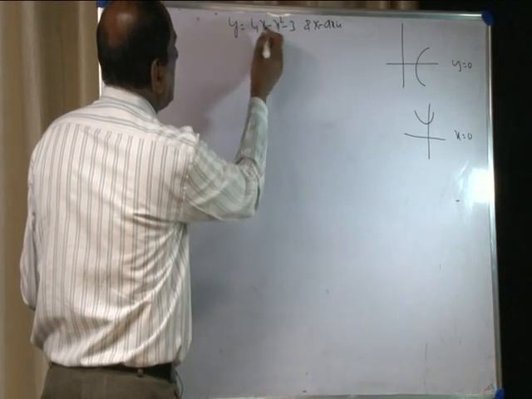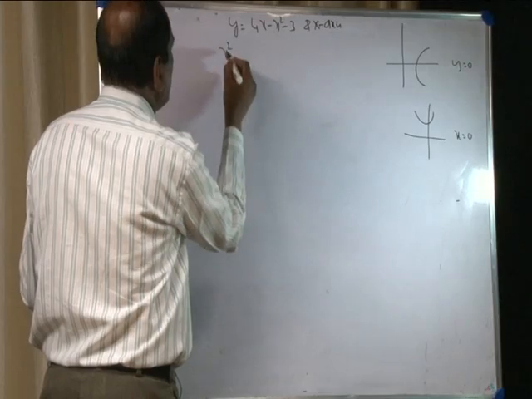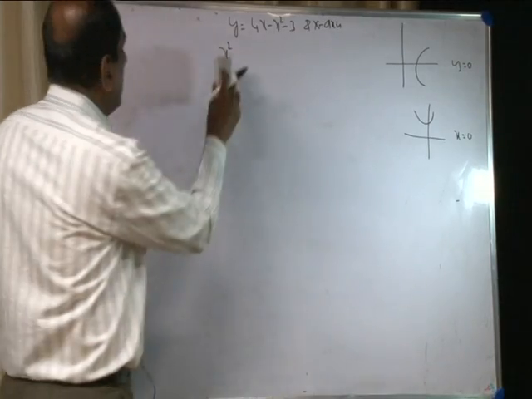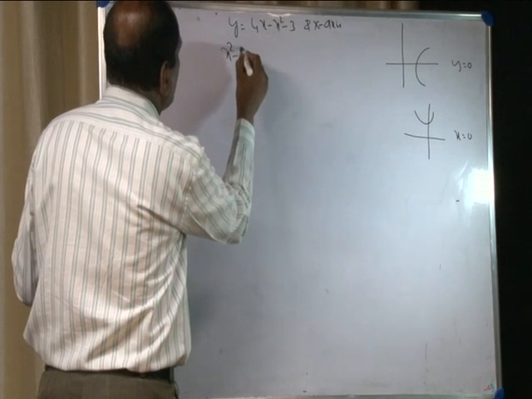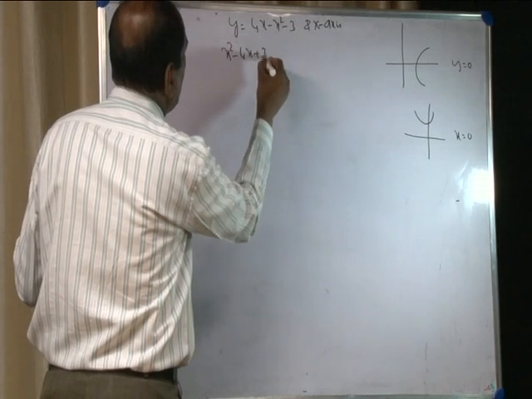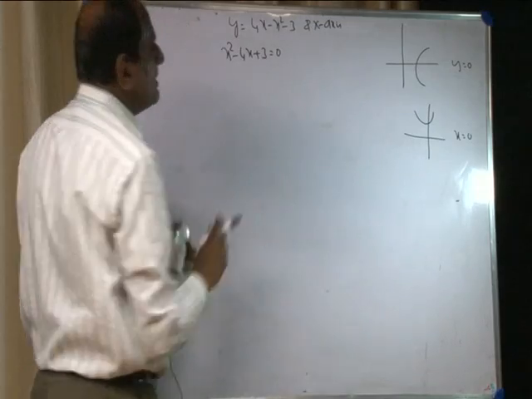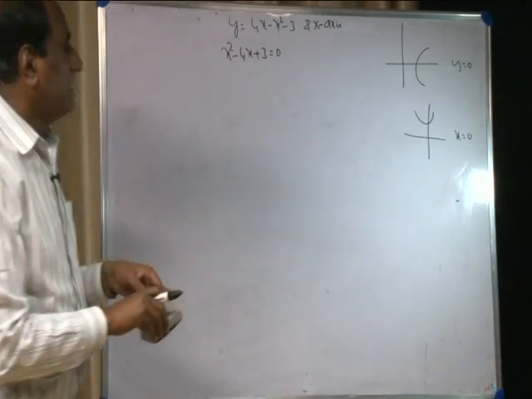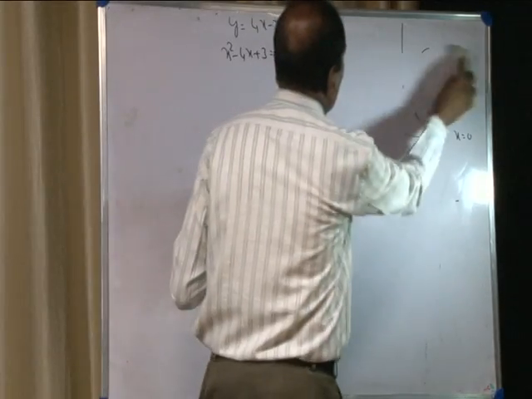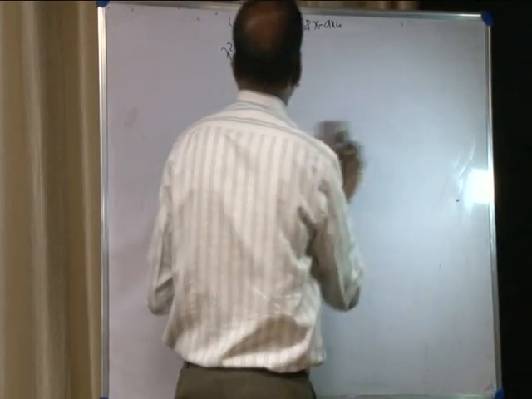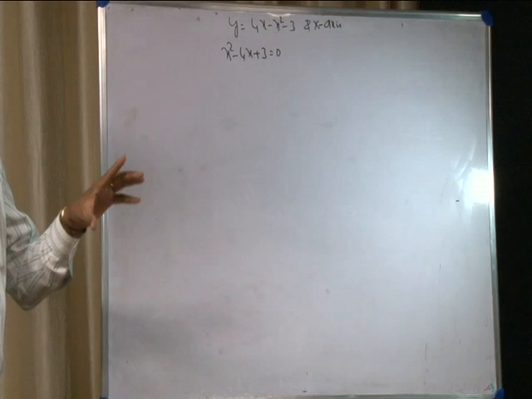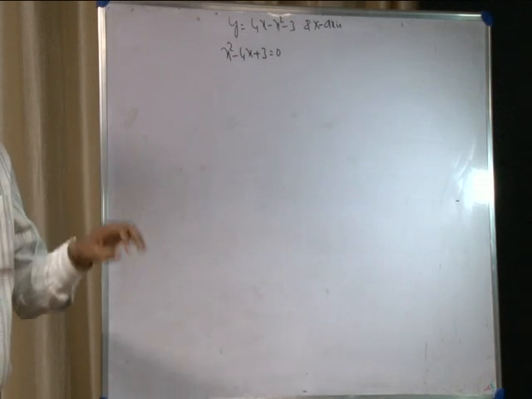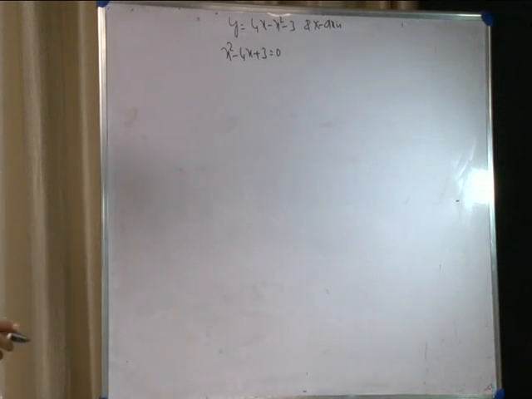We can rewrite the curve as x square minus 4x plus 3 is equal to 0. Put y is equal to 0 because the curve is bounded by x axis. If the curve is bounded by y axis, you must put x is equal to 0.